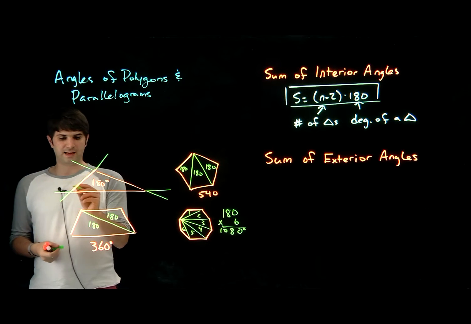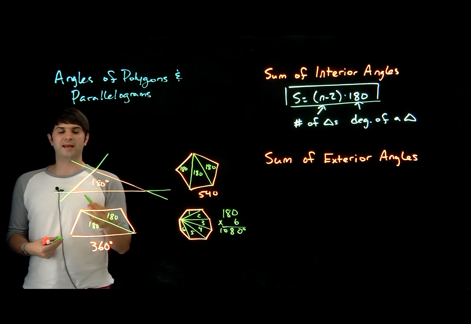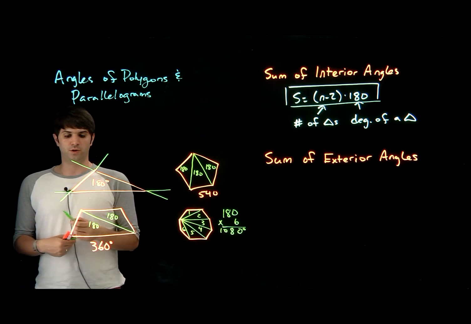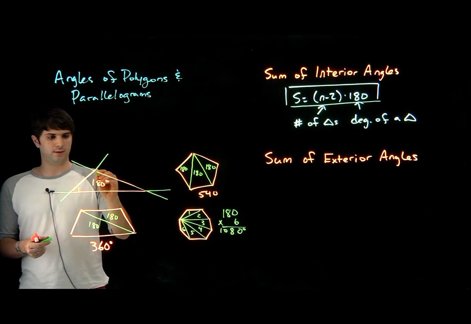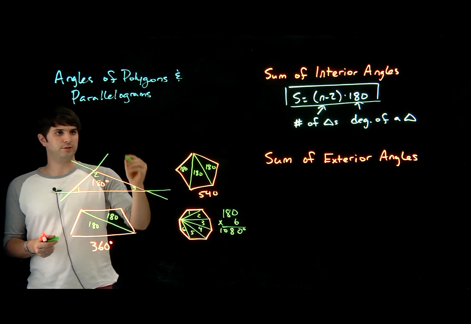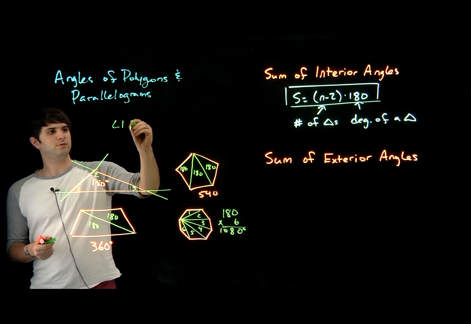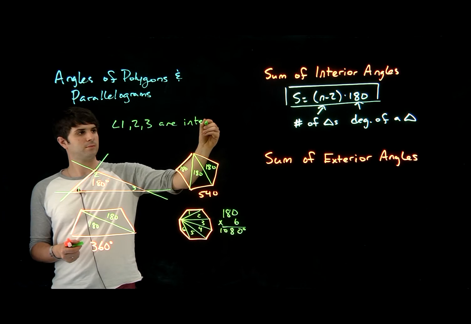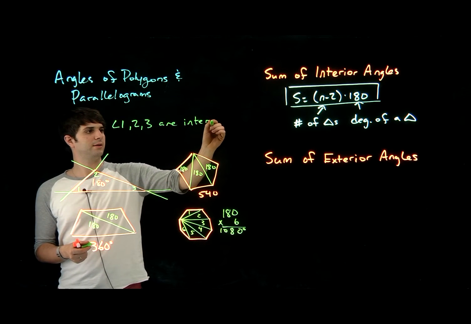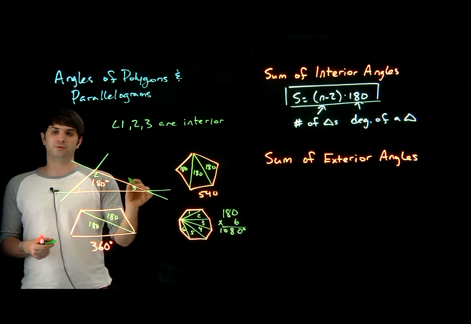But basically, the exterior angle would be the angle that is supplementary with the interior angle. So let me write down, there's angle 1, angle 2, and angle 3. So angles 1, 2, and 3 are interior.